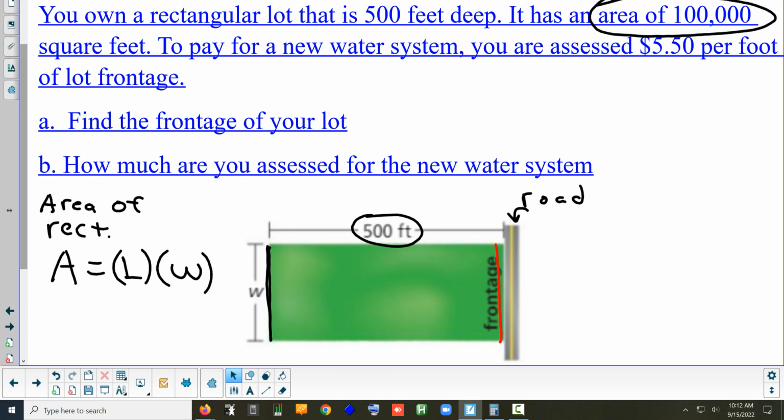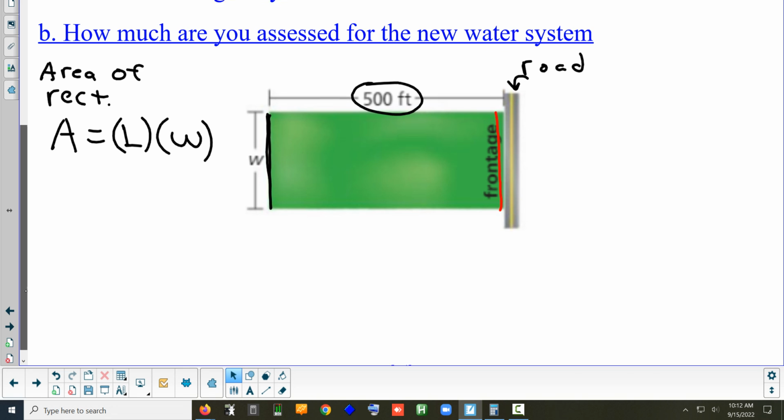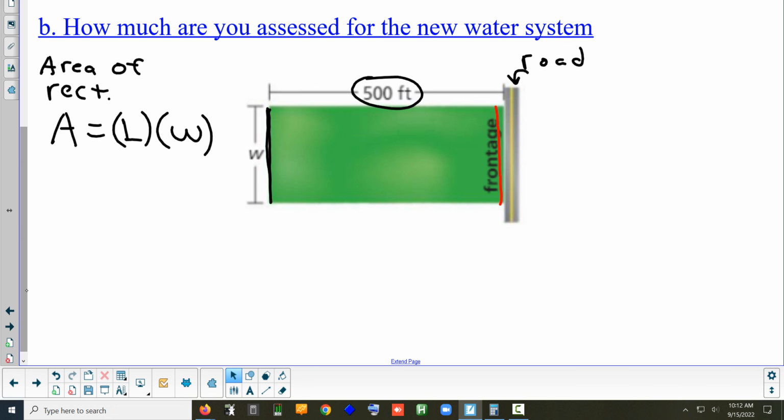Now, Brady said that we want to solve for the width. Let's do that first before we put any numbers in. So just like we learned how to do before, I want to solve this formula for W. If I want to solve for W, what's next to W that I don't want there? If I'm trying to get the W by itself.